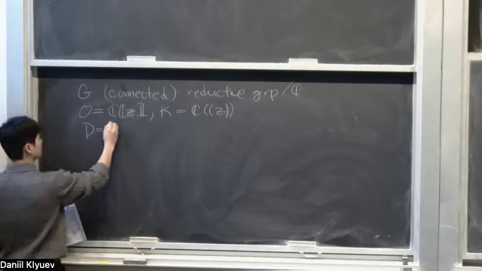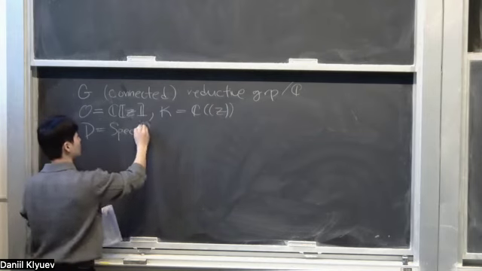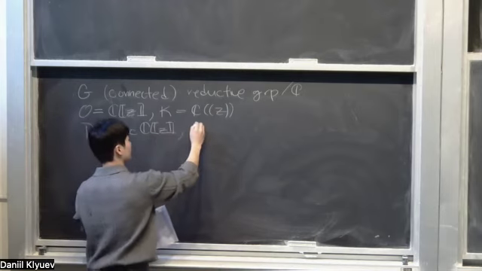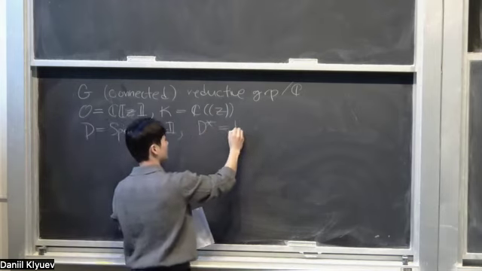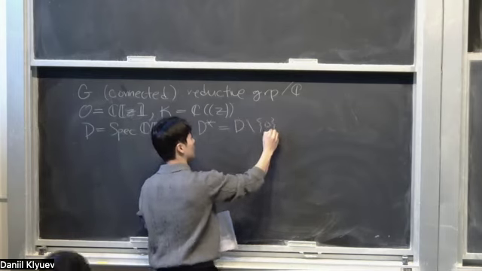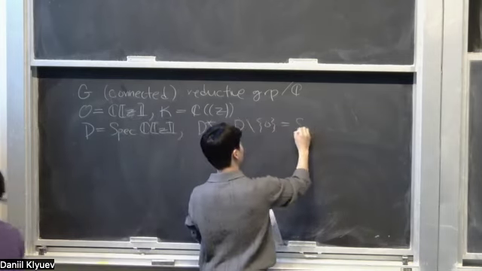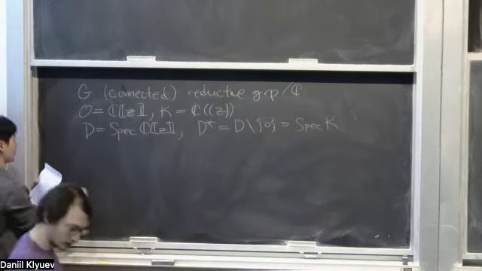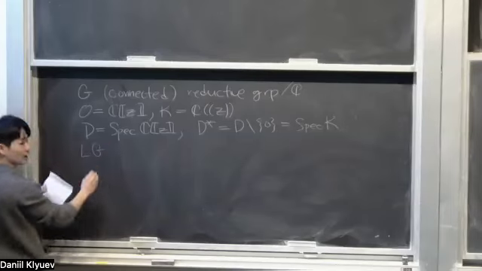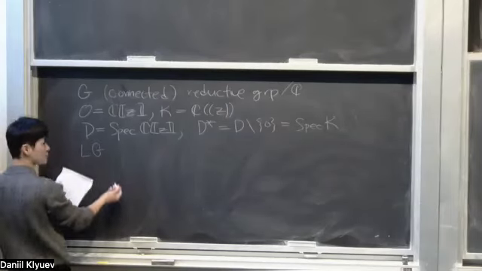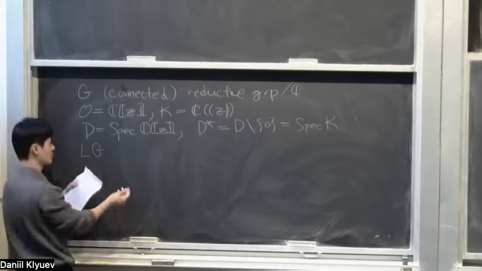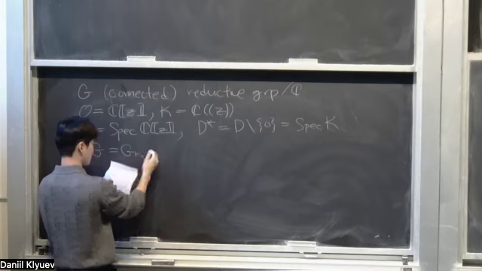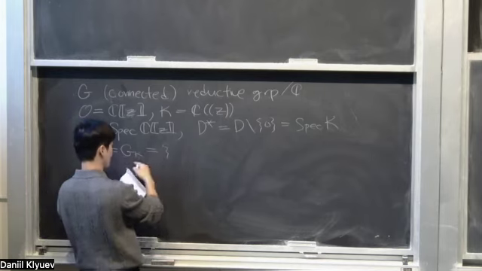Then D is the formal disk, and D star is the punctured one. I think Elhanan used LG and L plus G for the loop group and positive loop group. I'm just going to use the notation they use, which is G_K.